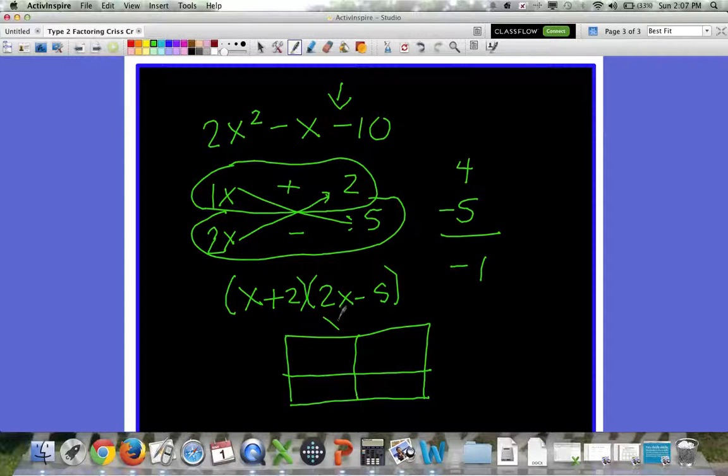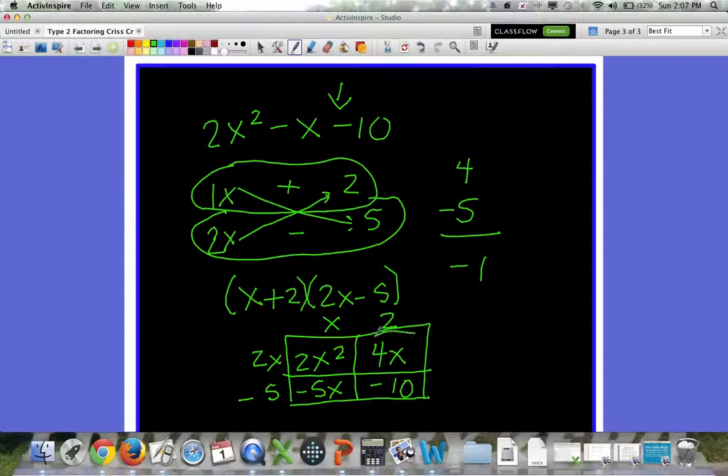I'm going to have x and a 2, 2x, and a negative 5. All right, 2 times 1 is 2. X times x is x squared. 2x times 2 is 4x. Negative 5 times x, negative 5x. And negative 5 times 2 is negative 10.